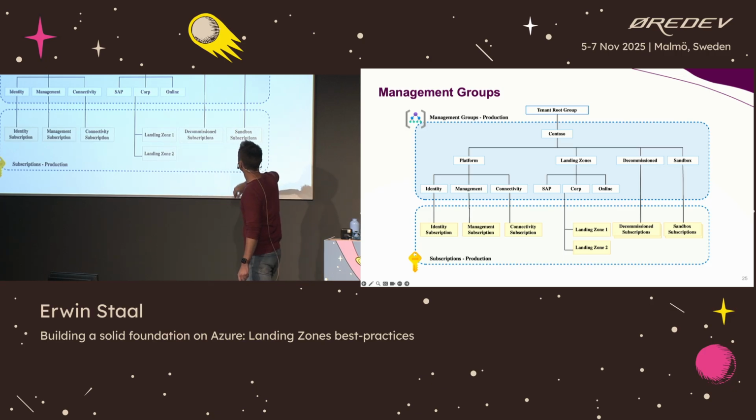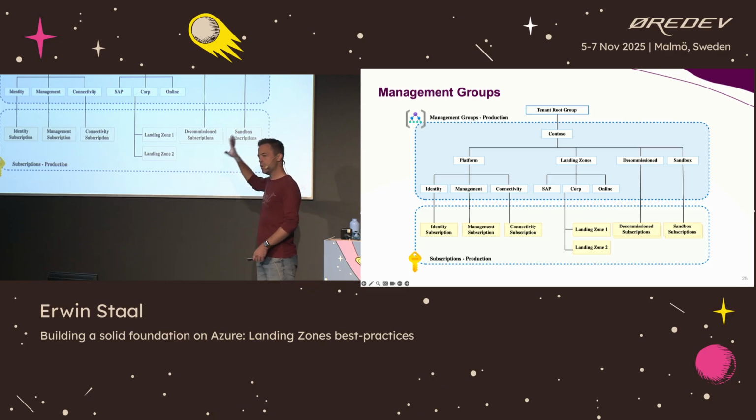And what you often see is a place for sandboxes, so people can play around with, for example, no policies. And there's often a place for decommissioned subscriptions. Because if you cancel a subscription, if you decommission a subscription, it will stay around for, I think it's 60 days. So you need a place to sort of get it out of the way while it's actually being canceled.